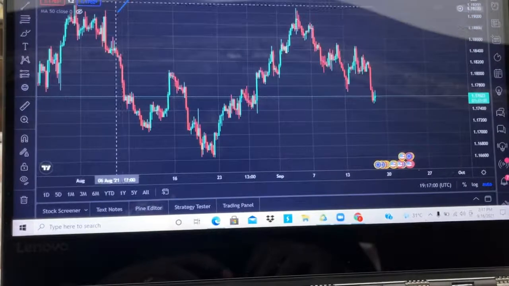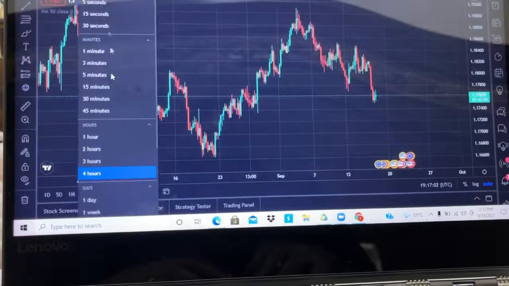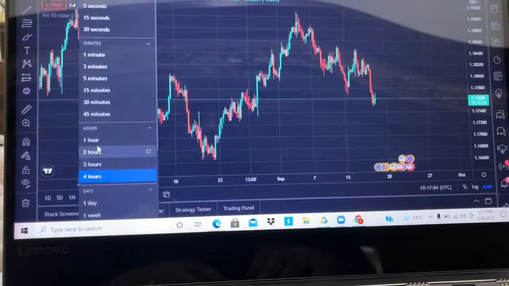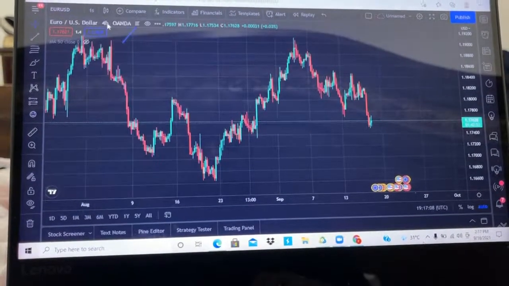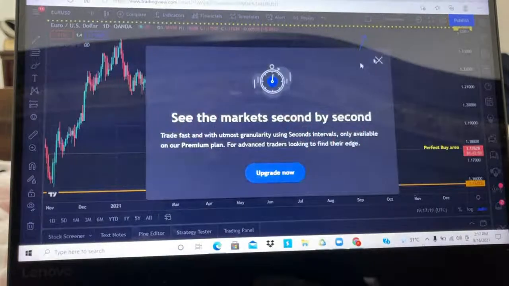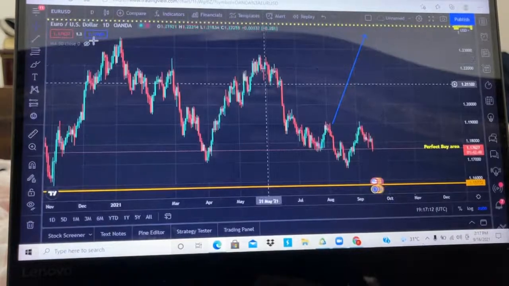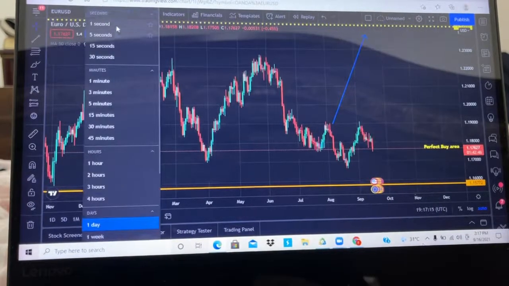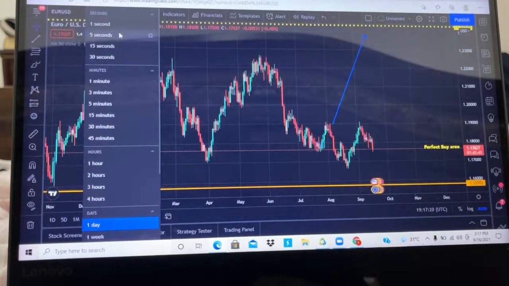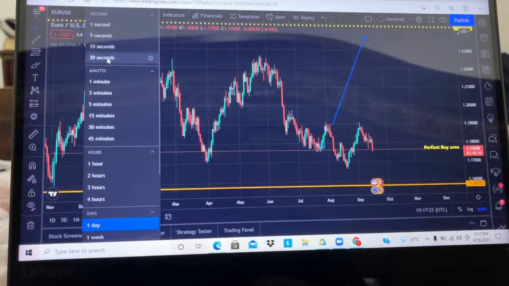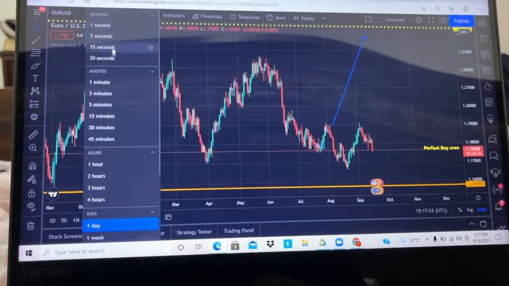Right here, we can see we have different time frames going all the way down to 1 second. We never use the 1-second time frame to observe our charts. From 1 second to 30 seconds, these are out of it.